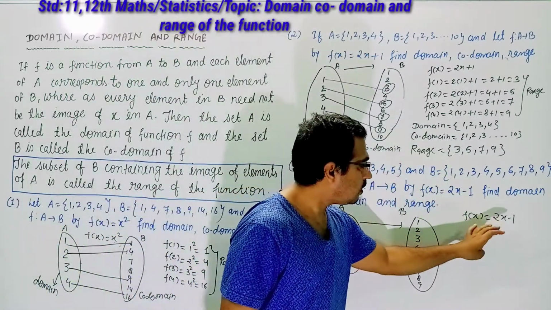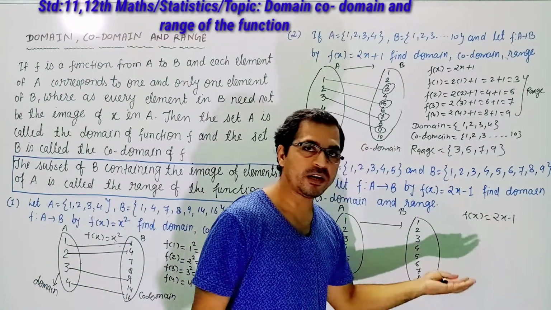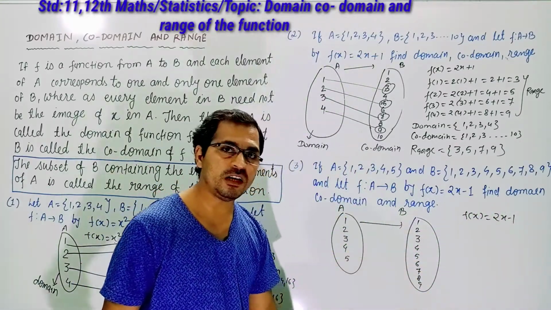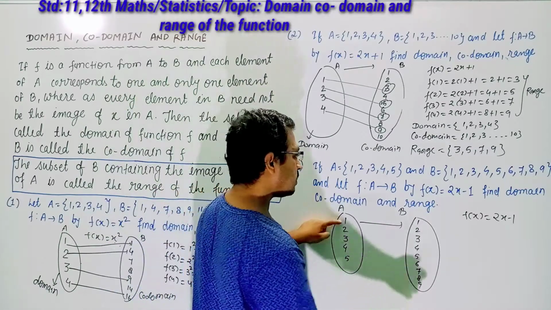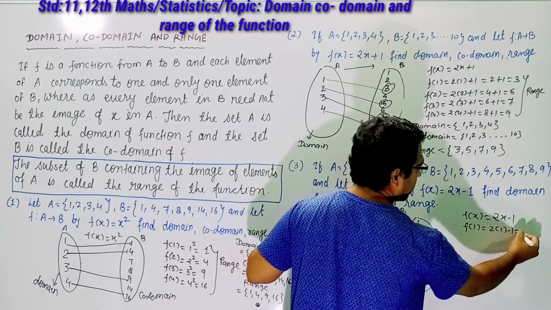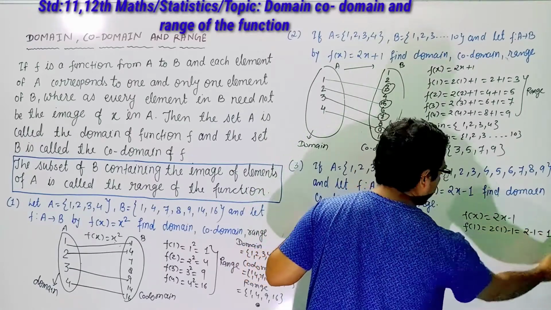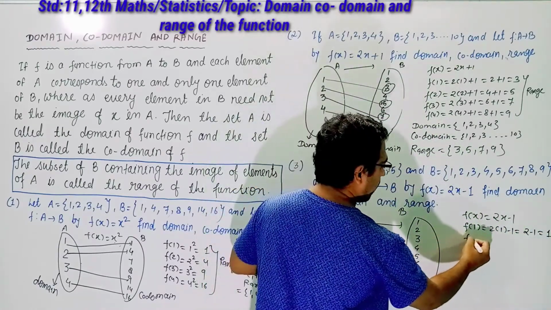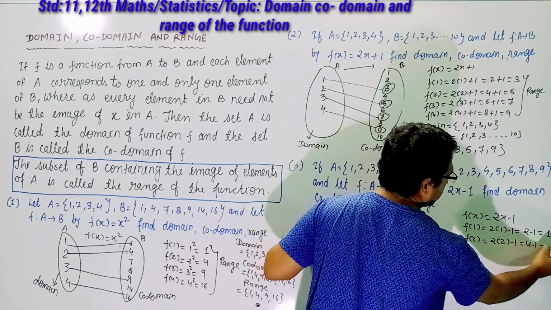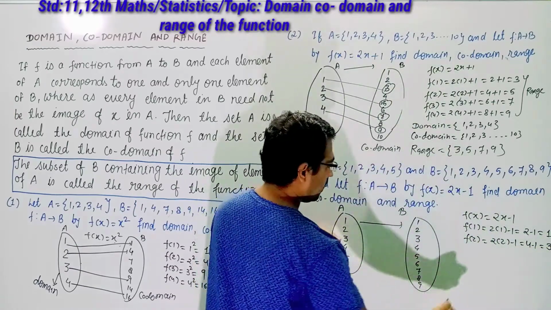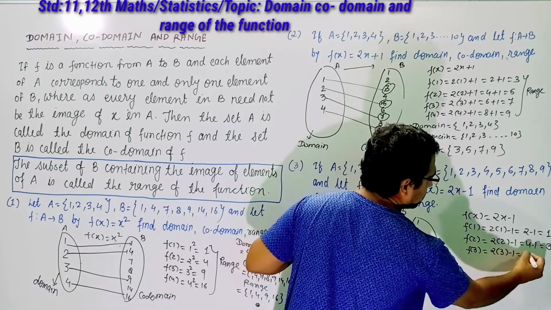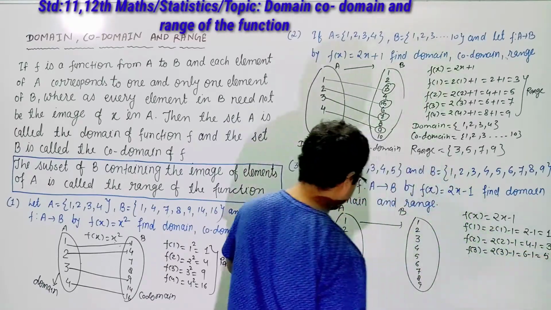If you substitute them here, you will get outputs, and those outputs are the images. First, substituting x equal to 1: 2 into 1 minus 1, so 2 minus 1, 1. f of 2: 2 into 2 minus 1, 4 minus 1, 3. f of 3: 2 into 3 minus 1, 6 minus 1 is 5.